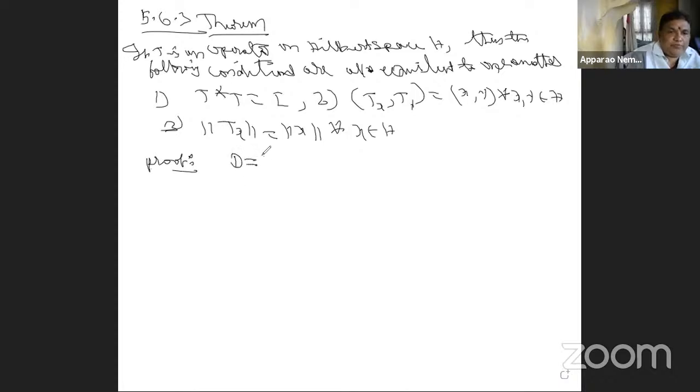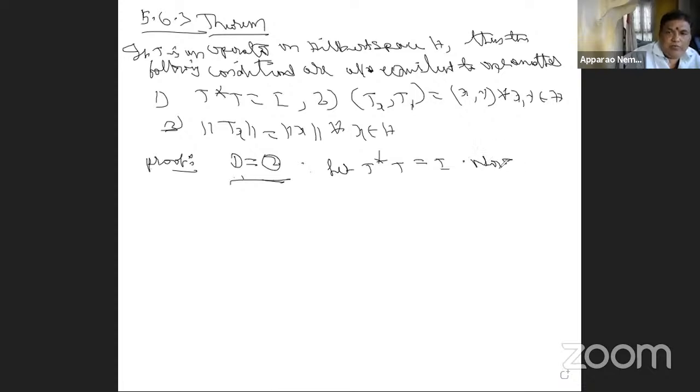1 implies 2. Let T star T equal to I, meaning identity.